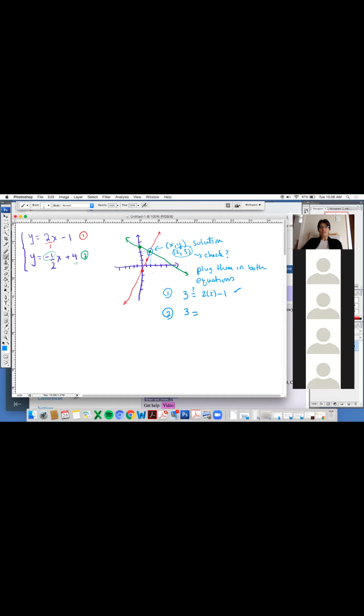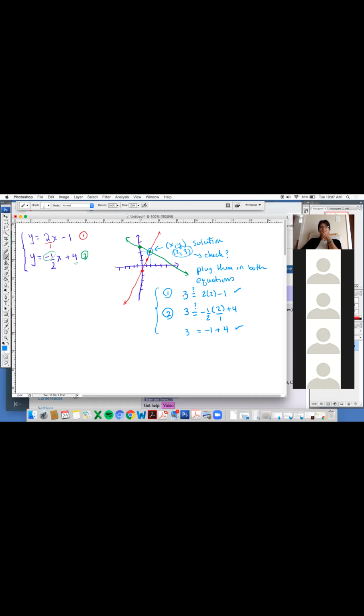And is 3 equal to negative 1/2 times 2 plus 4? All right, so let's do this fraction. So this gives me negative 2 over 2, which is negative 1. And negative 1 plus 4 is equal to 3. So that works too. Okay? So this is my checking to see if my solution is correct.